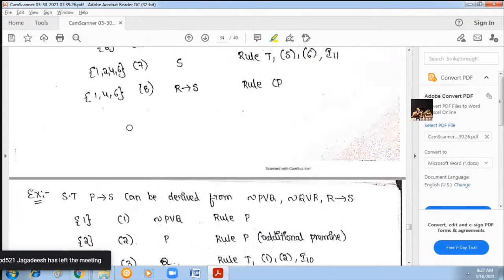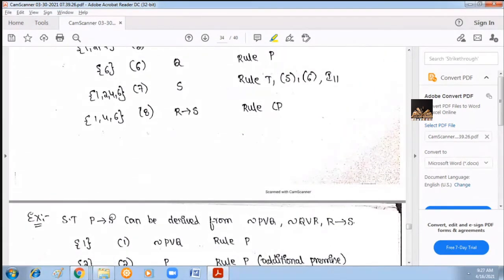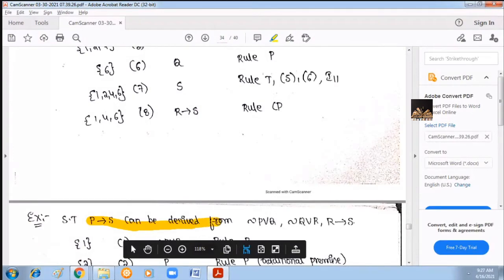So can you try? I'll give you 2 minutes of time. Take this example. Prove that P tends to S is derived from the set of premises.